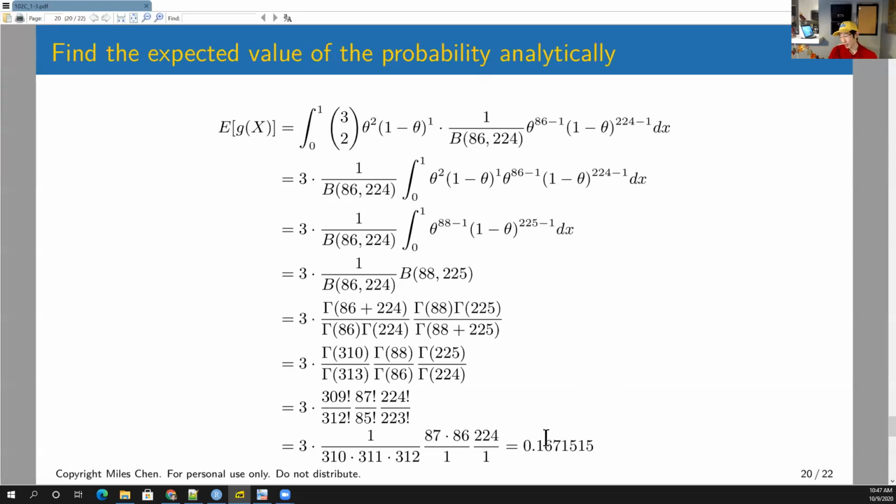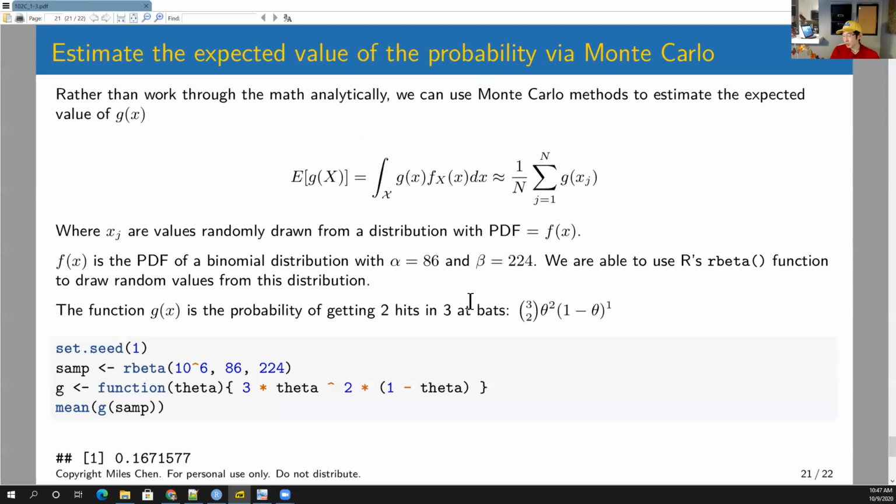So this was a problem that we were able to answer analytically, but what if you didn't want to have to deal with all of these gamma functions? What do you do? Well, you can also estimate the expected value of the probability via Monte Carlo methods.